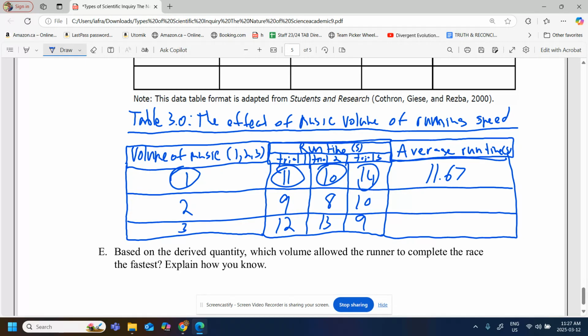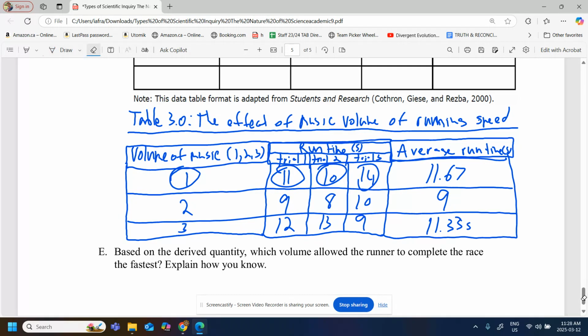For your volume 2, you had 3 trials, 9 plus 8 plus 10. That's 27 divided by 3 trials, about 9 seconds. And for your volume 3, you had 3 trials, 12 plus 13 plus 9, divided by 3, about 11.33 seconds.